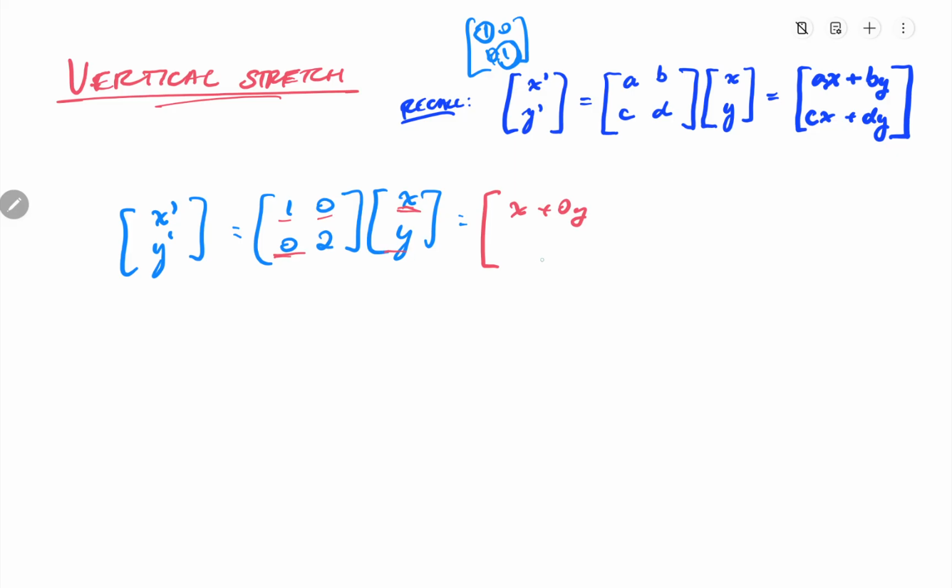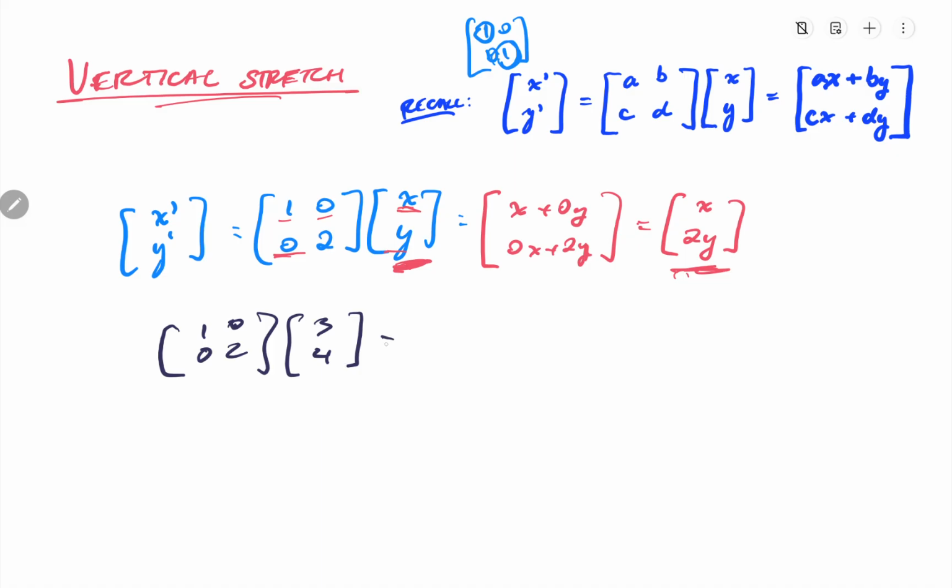So what that would give us as the output of our function is x and 2y. So obviously our vertical component will be stretched by a factor of 2. What that would look like, let's say we had this matrix 1, 0, 0, 2 times 3 and 4.